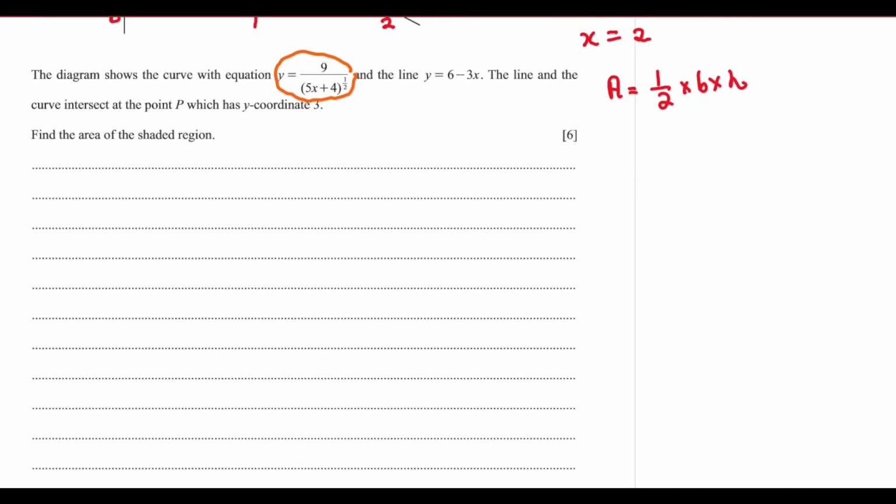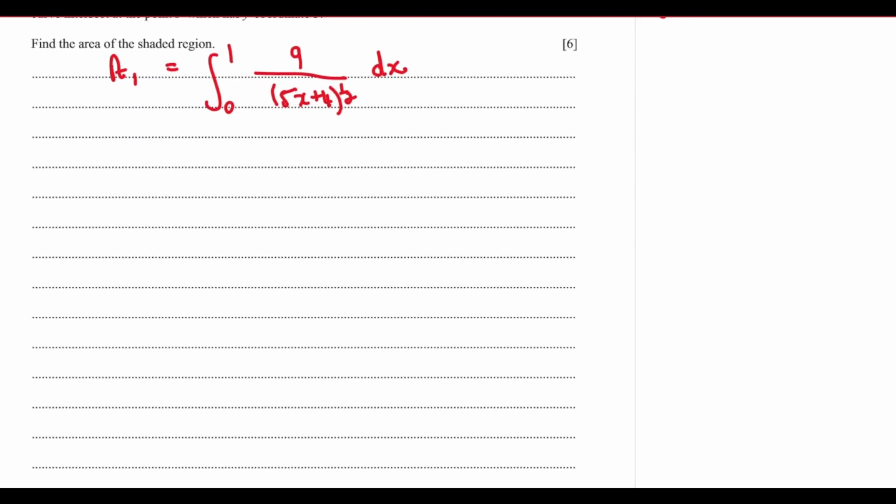Let's find area 1 over there. So we need the definite integral from 0 to 1 of (5x plus 4) to the power of half, dx. Coefficients can go outside. They are just in the way.